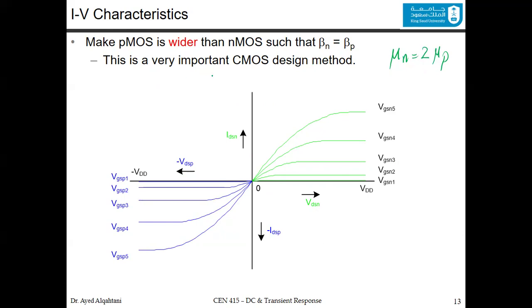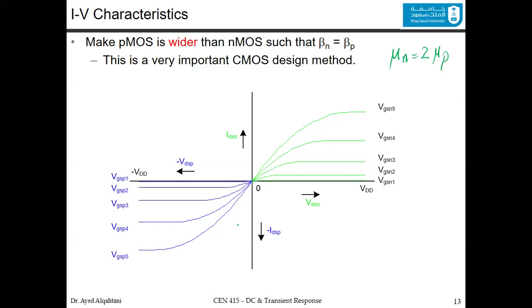This is actually very critical for the CMOS design. If you have a CMOS design, the PMOS should be wider than the NMOS. If you want the relation between the VDS and the IDS of the NMOS and the PMOS to look more like this one, it's kind of symmetrical around the origin point, which even looks nice.